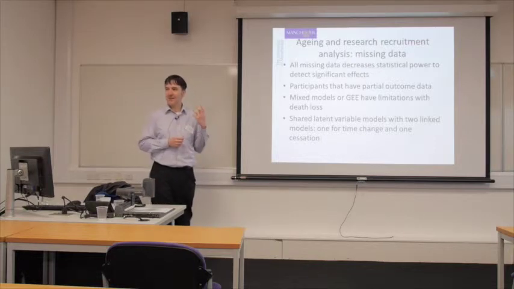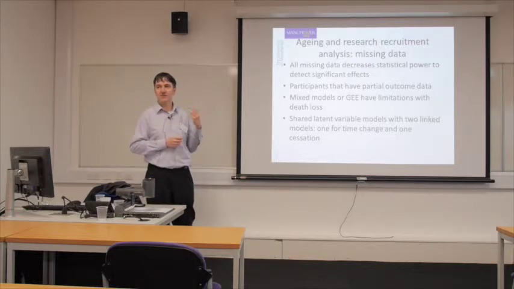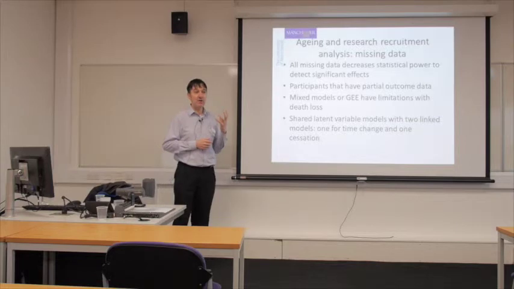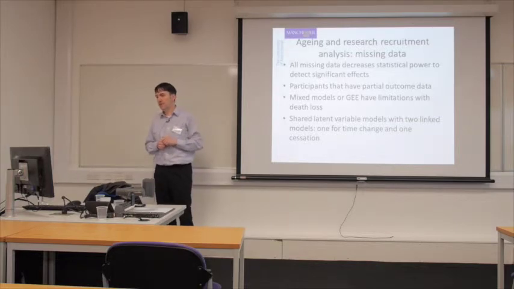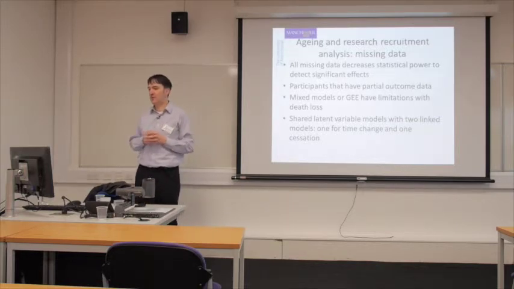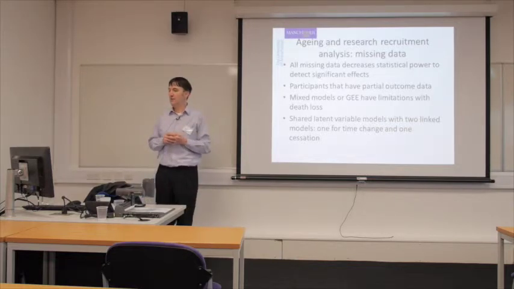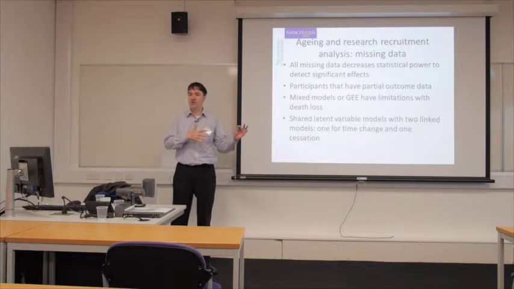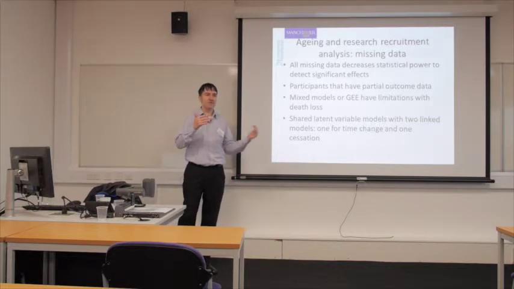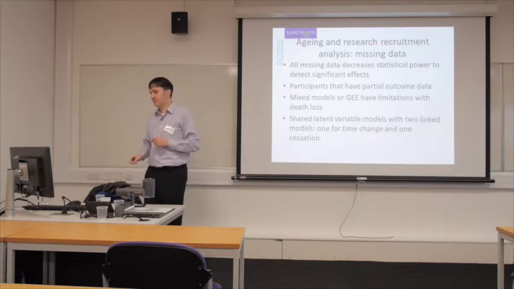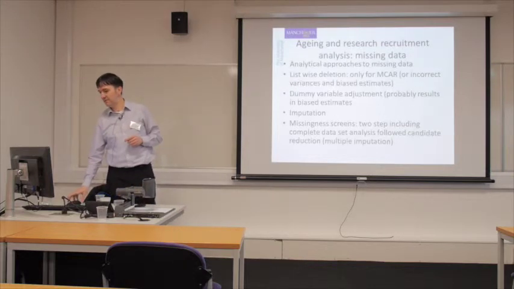Death is a type of missing data that's very, very unique. A common way that people are now starting to think about doing it is to use shared latent models, which have two linked models which change over time, one for cessation, i.e. death. And I'll show you an example of this in a second.